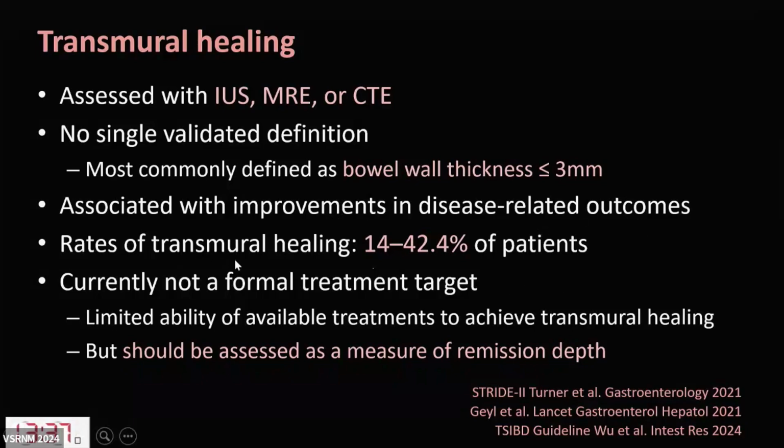However, the rate of transmural healing is not high under currently available treatment. It's less than 50%. So it cannot be a formal treatment target now, but can be assessed as a measure of the remission depth.